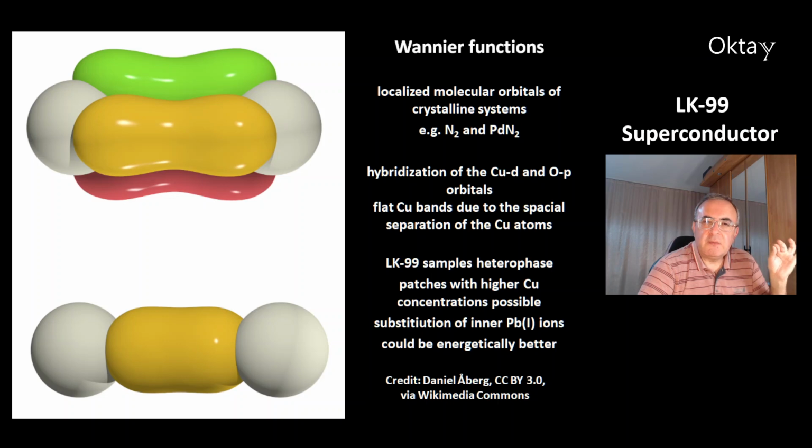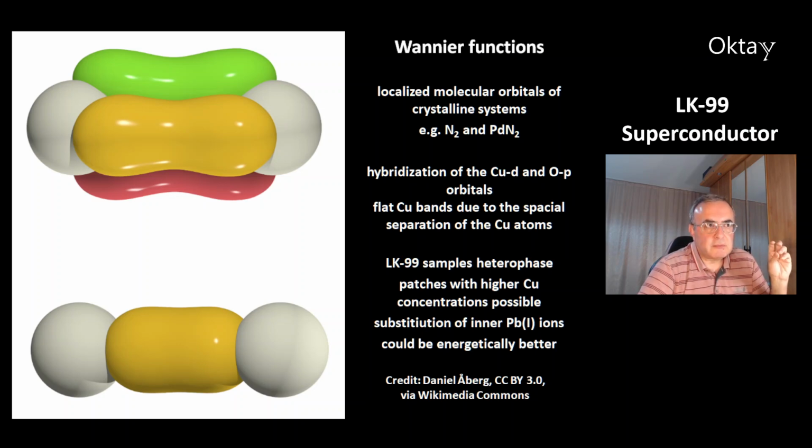This is a picture of Wannier functions. These are localized molecular orbitals of crystalline systems. At the top, that's nitrogen. At the bottom, that's palladium dinitride. There is a hybridization of copper d and oxygen p orbitals that makes flat copper bands due to the spatial separation of the copper atoms.